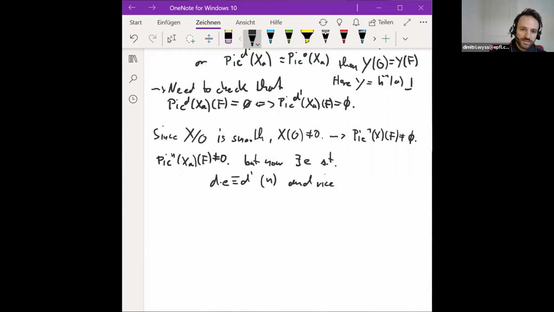And vice versa. If Pic^{d'} has a rational point, I can use the same construction to get one for d. So we see that they have rational points exactly when the other has. And so that proves this degree independence by some curious observation. It's some simple arithmetic in the end.